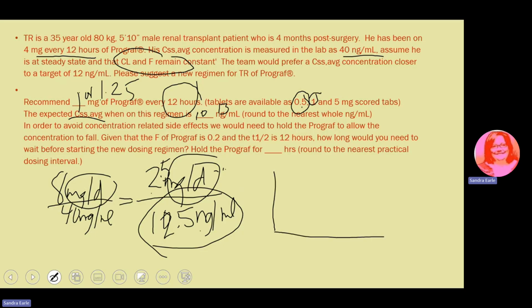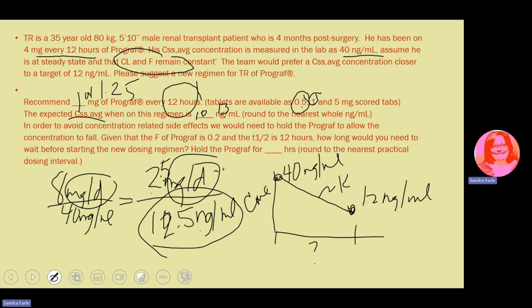So we are now at 40 nanograms per ml, and we want to get to 12 nanograms per ml. So here's our concentration, time decay, and we're decaying at K, aren't we? And we want to know what's this time difference. We want to know how long to wait until it falls to 12.